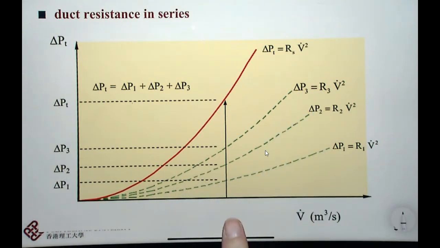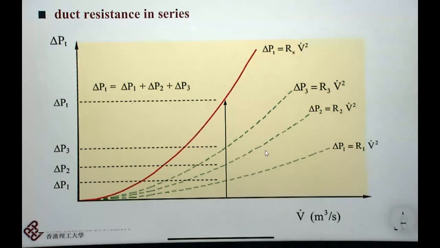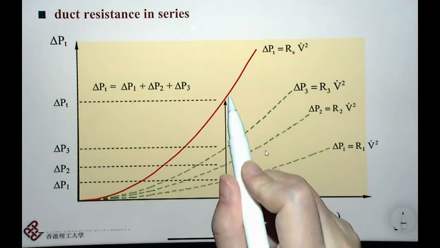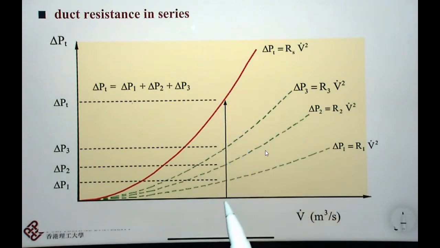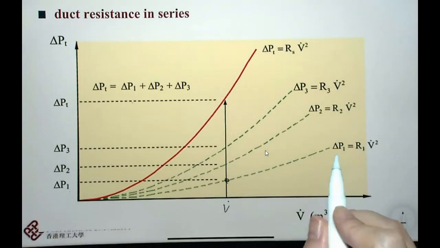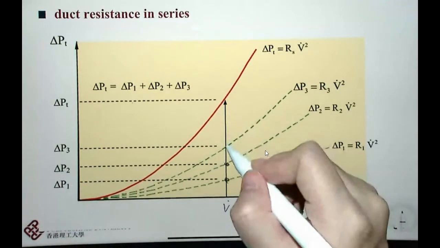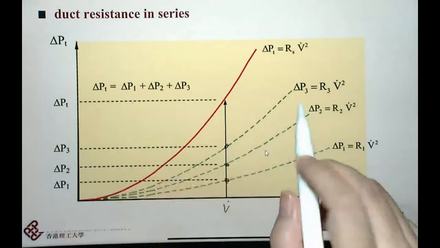And when we connect these three duct sections together, what we do is we find, for each specific volumetric flow rate, for example this corresponding V dot value here, delta P1 for duct section number 1, delta P2 for duct section number 2, and also delta P3 for duct section number 3.